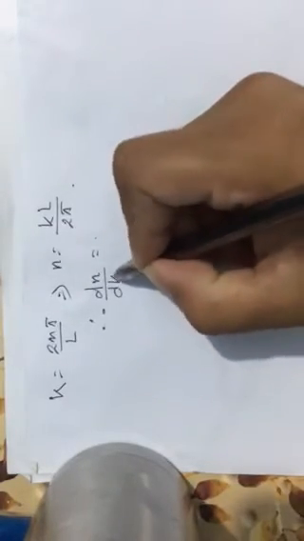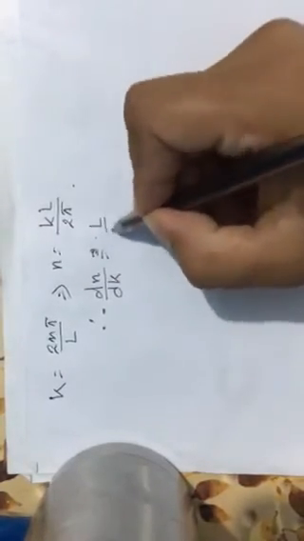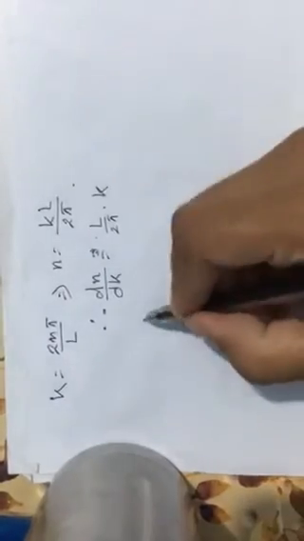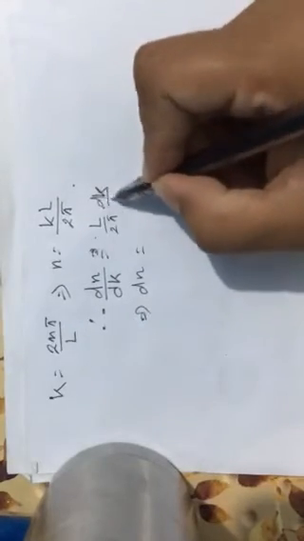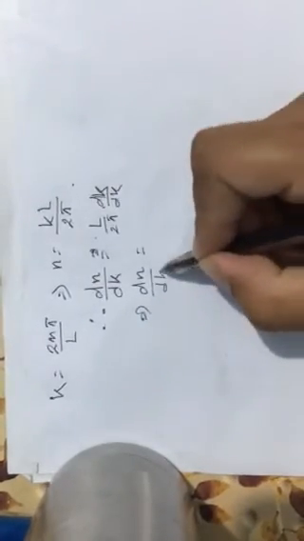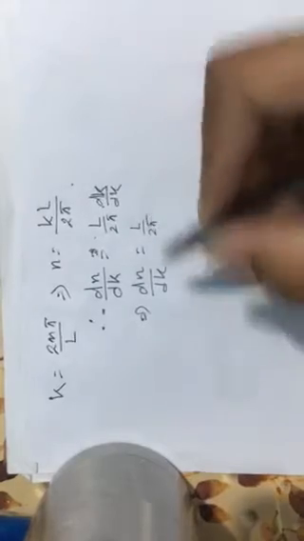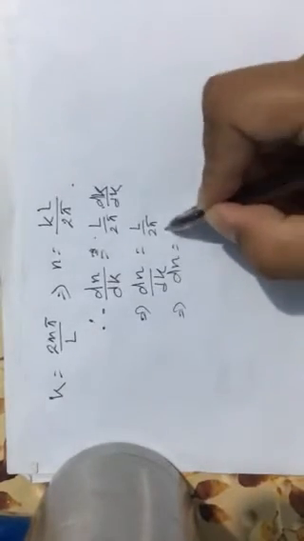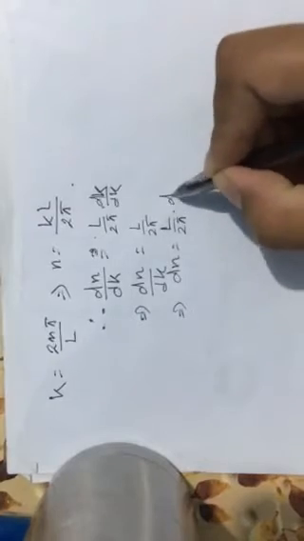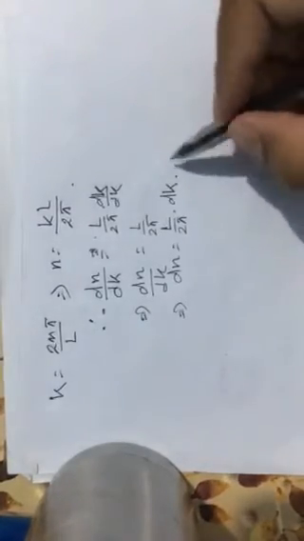If we differentiate with respect to k, then dn by dk is equal to L by 2 pi, that implies dn is equal to L by 2 pi dk, right? So this one will be equation 3, right? So the number of possible functions in the range dk is given by this one.